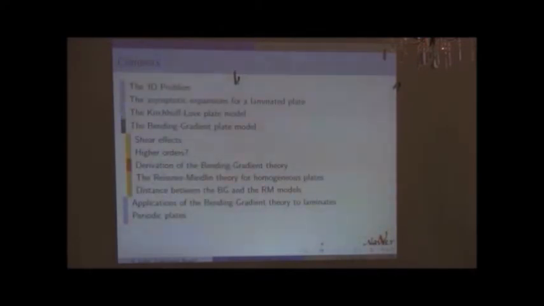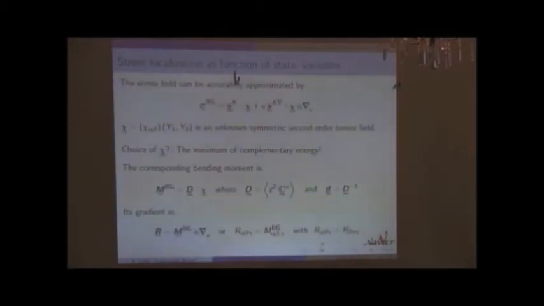So let's try to derive the bending gradient theory. So the main conclusion of my big effort of doing this asymptotic expansion is just to show you that we can do that. It's interesting to share this with you.